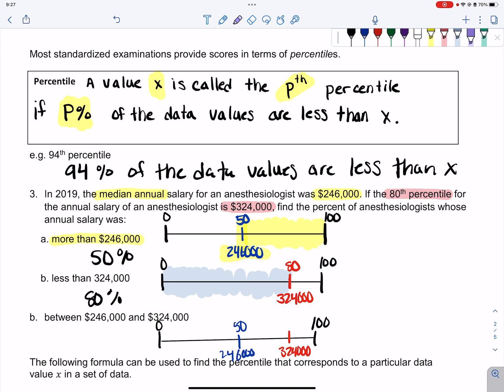And now we want to know what percentage make between that. Well, our percent between 50 and 80, we can calculate that by taking 80 minus 50 to give us 30%. 30% make between 246,000 and 324,000.